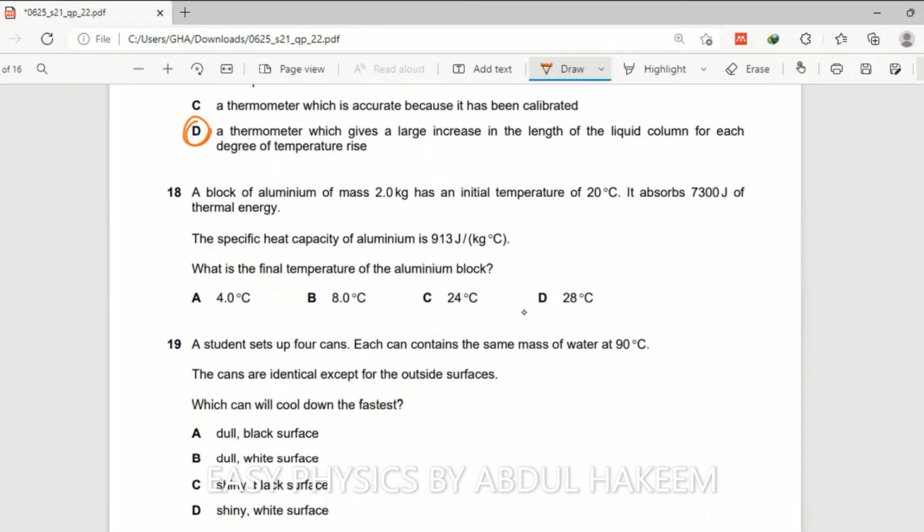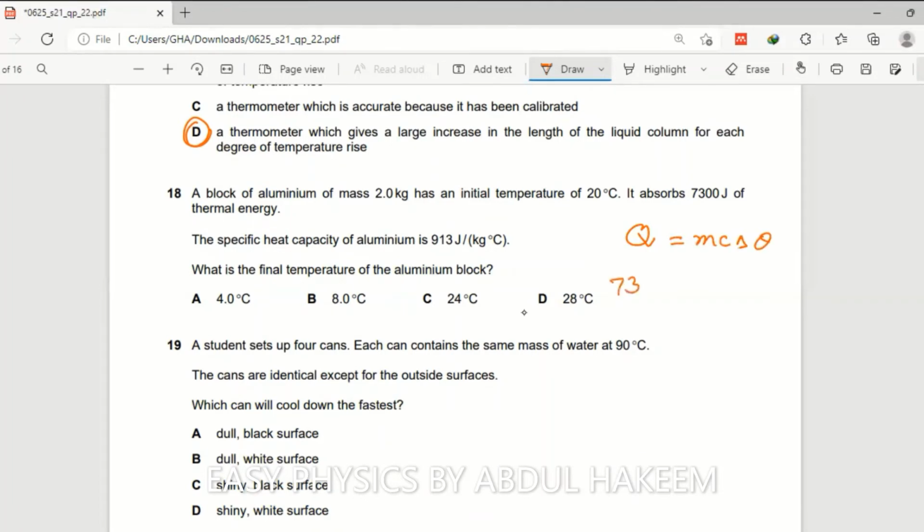Next, question number 18. A block of aluminium of mass 2 kilogram has an initial temperature of 20. It absorbs 7,300 joules of thermal energy, specific heat capacity 913 joules per kg degree Celsius. What is the final temperature? So look, Q is equal to mc delta theta. The energy supplied is 7,300, the mass of the block is 2, the specific heat capacity is 913, and the change of temperature means final temperature minus initial temperature, which is 20.